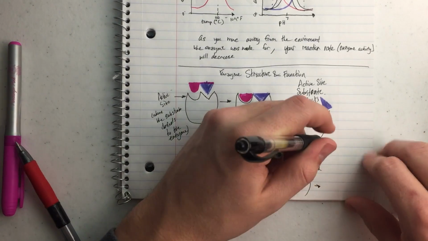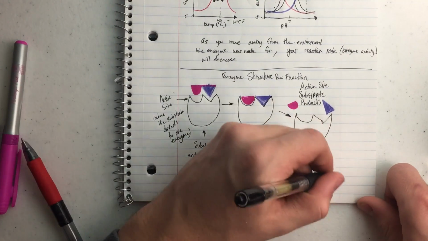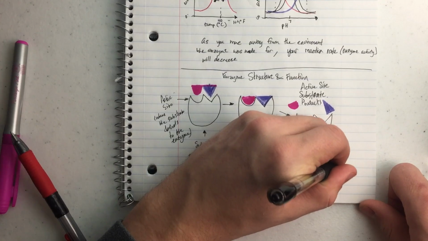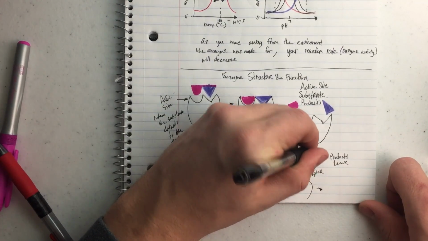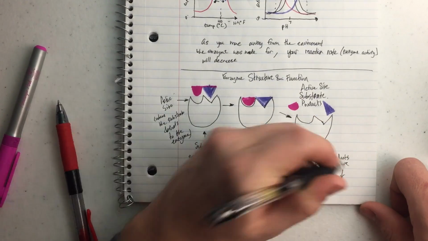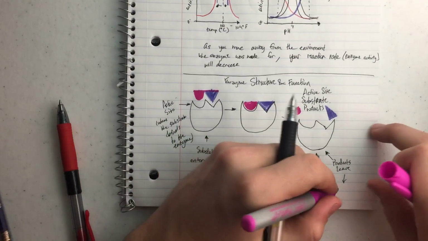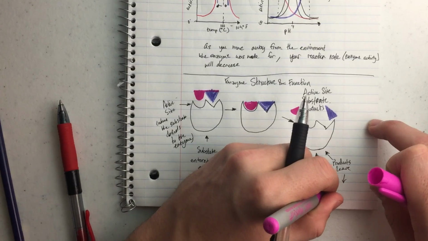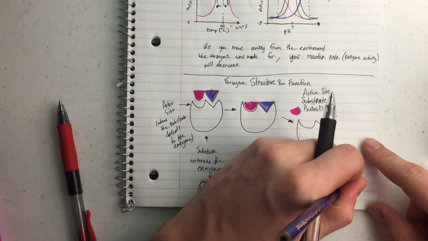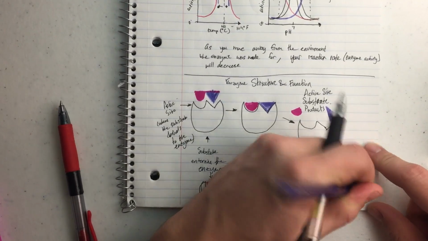And then we just have products leave. So products leave. That's going to be this step. Oh, nope. This step. And I'm basically going to draw the same thing twice. That in blue. So that's the basic process.